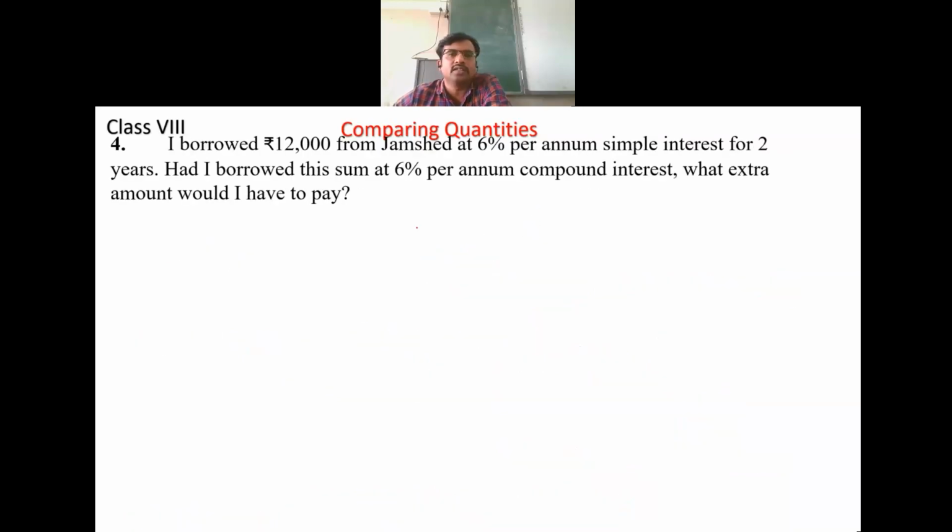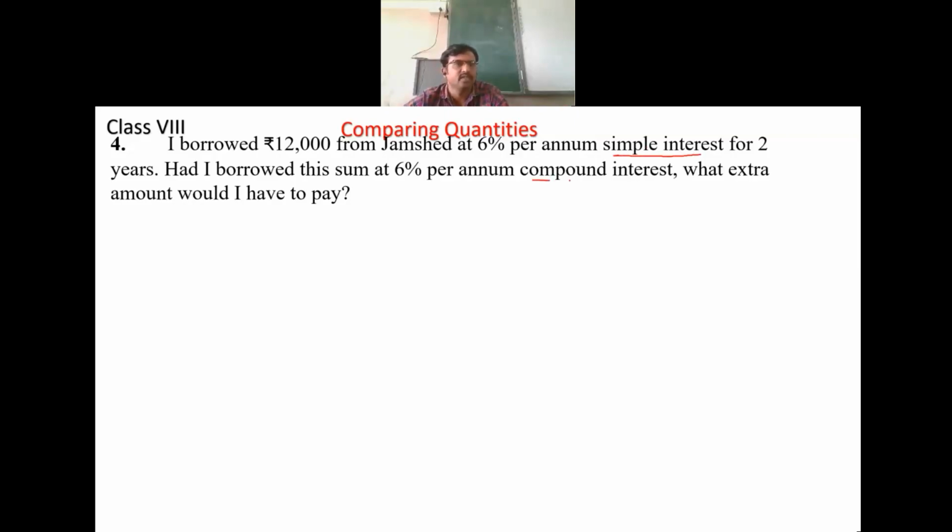All right, we shall take up the fourth question. I borrowed rupees 12,000 from Jamshed at 6% per annum simple interest for 2 years. Had I borrowed this sum at 6% per annum compound interest, what extra amount would I have to pay? The first thing is simple interest.